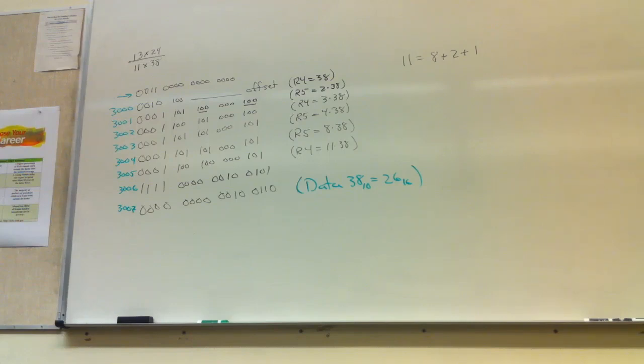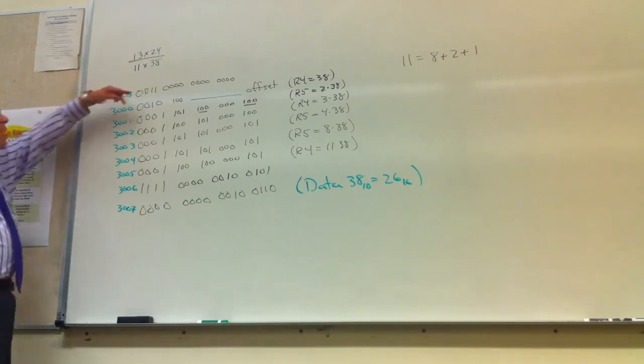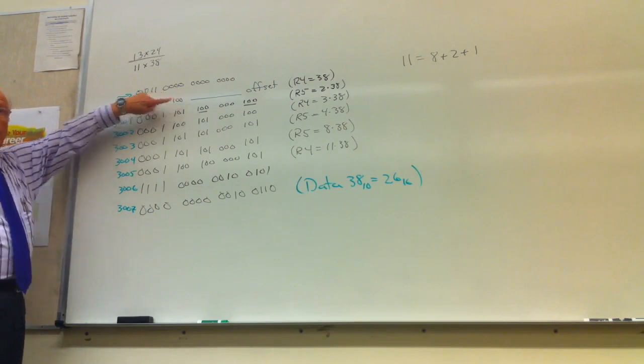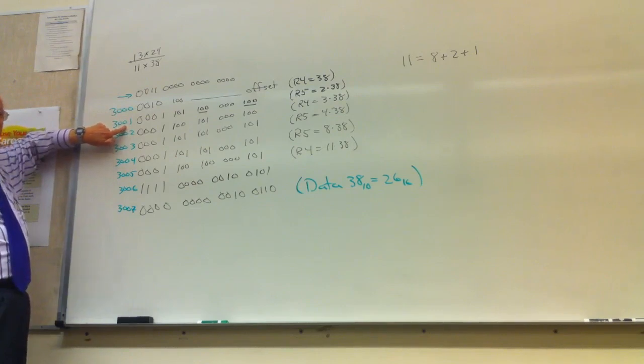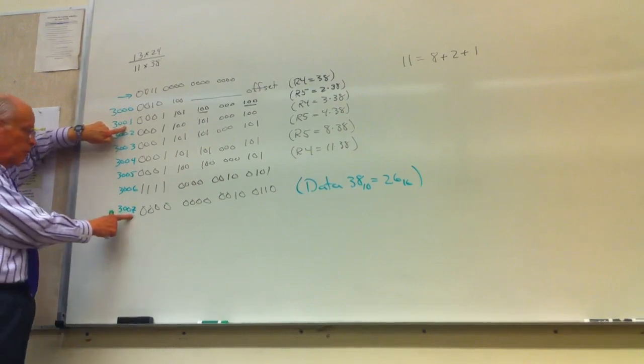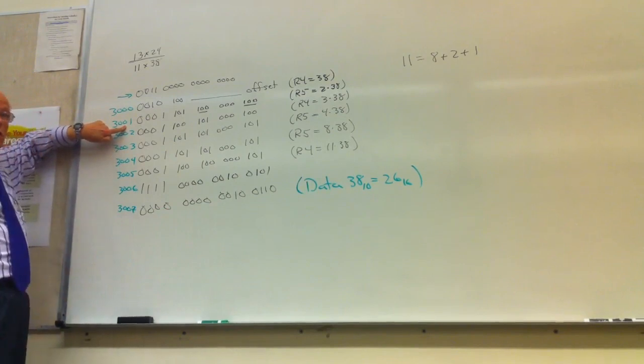What's my offset? 6. Remember how those offsets work? 6. It's a 6. Because it gets added to the address of the next instruction, not the address of the one being executed. So it has to add on to this value to give me the address of the location that I want.